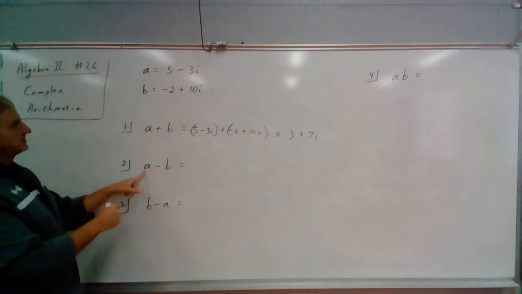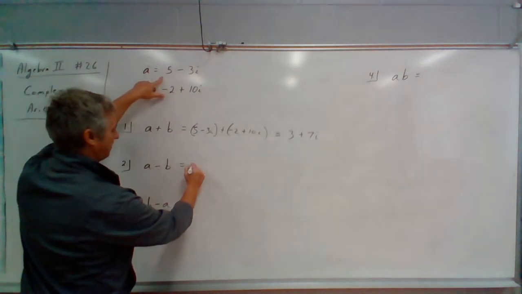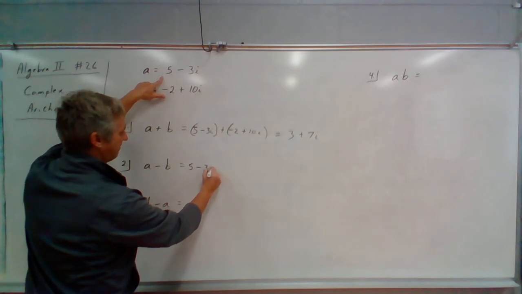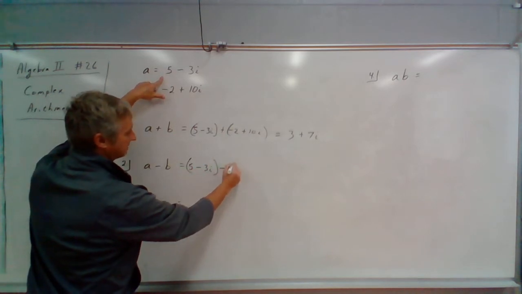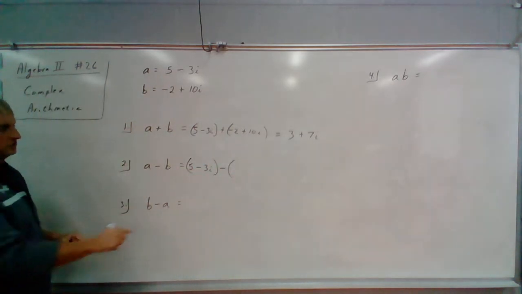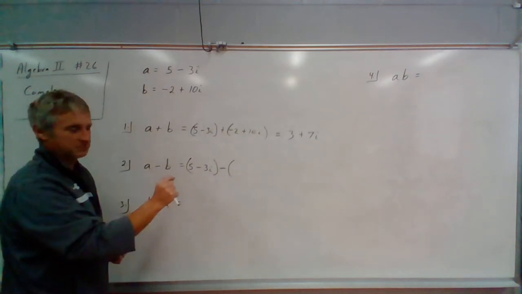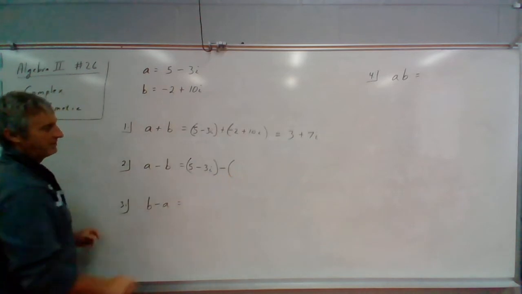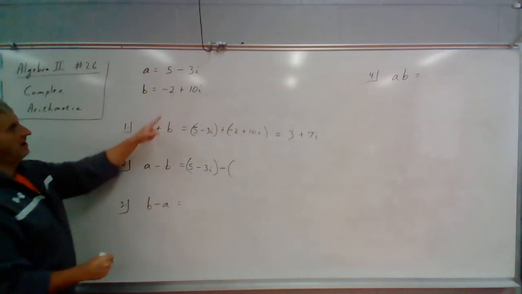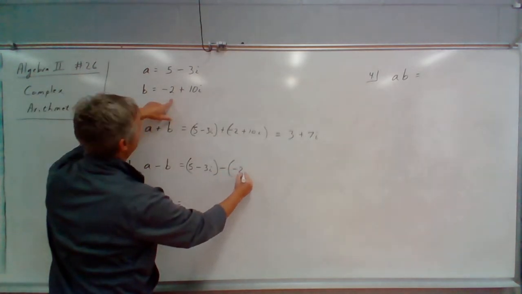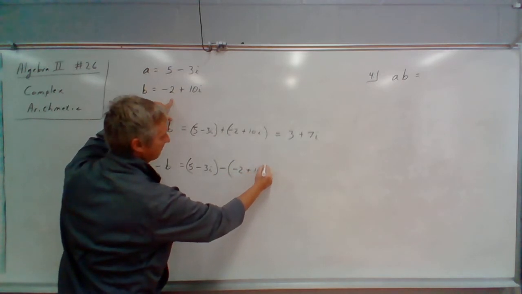All right, so A minus B. I have 5 minus 3i minus, and it's essential that you have the parentheses. Up here it didn't really make any difference, but when you're doing subtraction, it's essential. So minus all of B, negative 2 plus 10i.